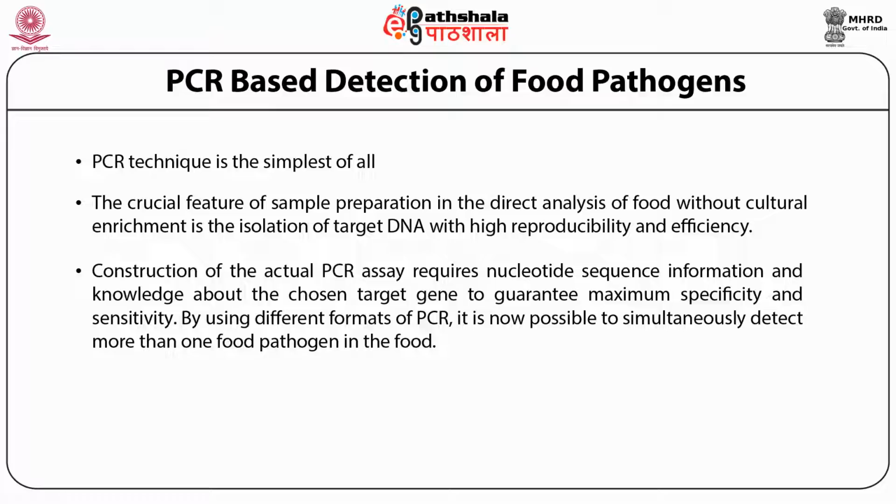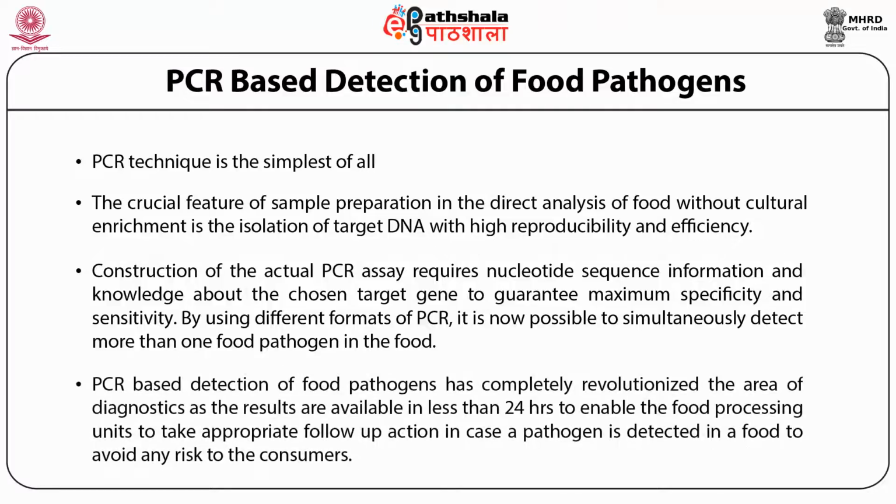For example, if E. coli, S. aureus or Salmonella are present in the food system, it is possible to diagnose all these three by using a single PCR. PCR-based detection of food pathogens has completely revolutionized the area of diagnostics, as the results are available in less than 24 hours to enable the food processing unit.